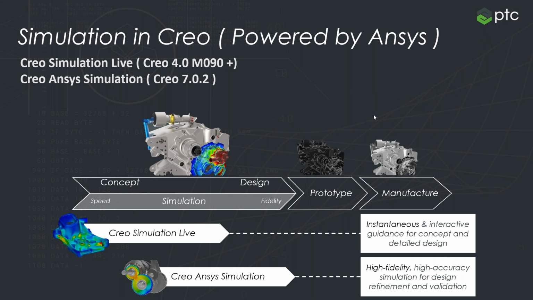This is more traditional finite element analysis with CPU, and it's not leveraging GPU. It's typical CPU based, mesh based, because Creo Simulation Live doesn't even have the mesh. It's all happening behind the scenes. It's leveraging the graphics card's GPU, right?